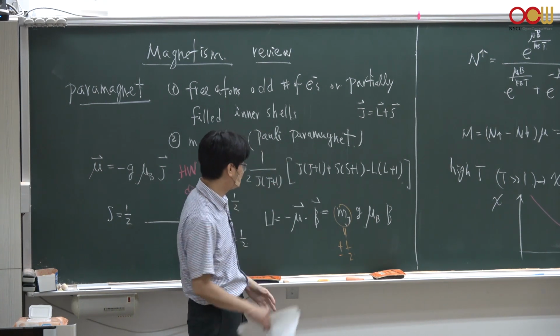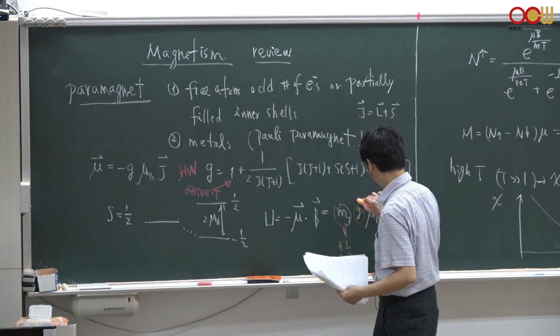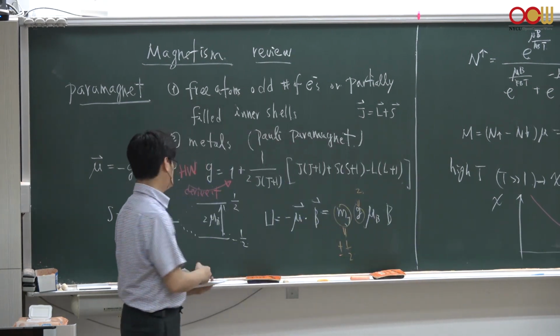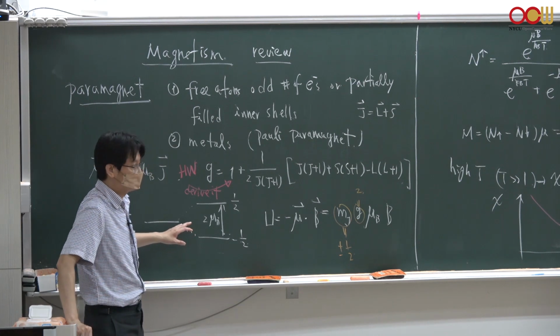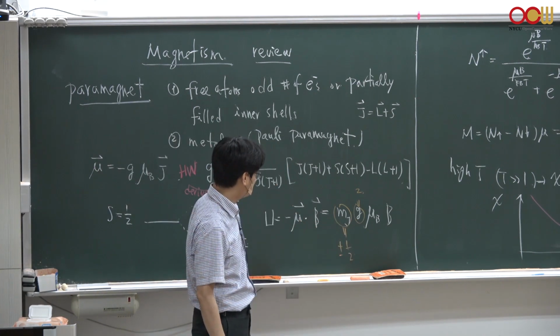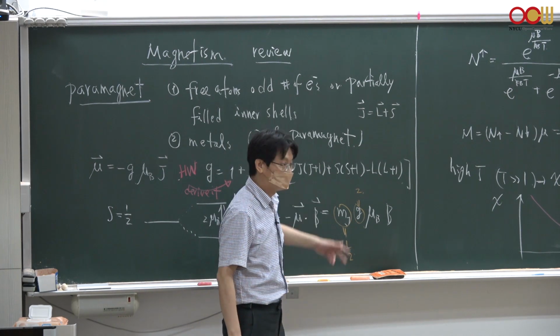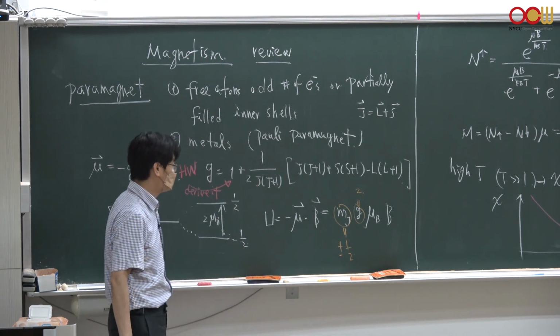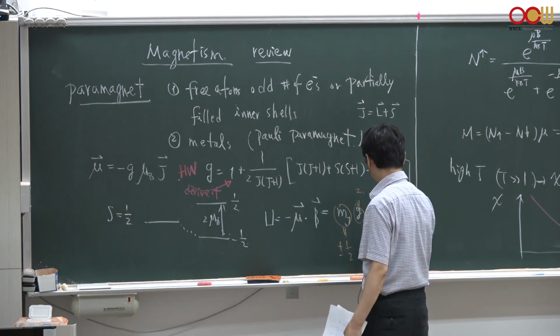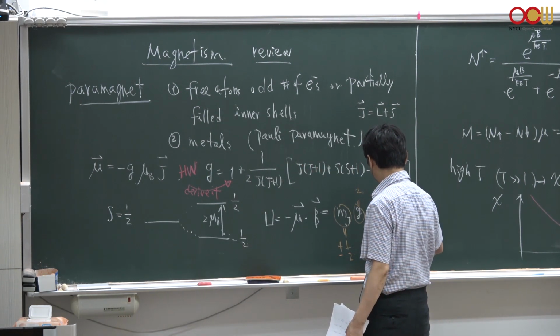You get 1 plus 1, which is 2. So for the simple single electron spin in the presence of a field, you get precisely the Zeeman energy, which is plus or minus mu_B times B.